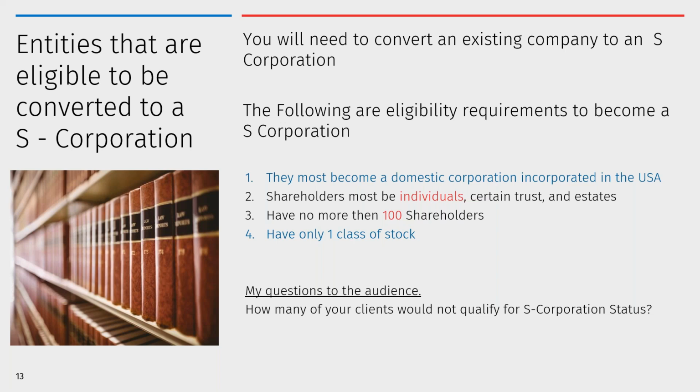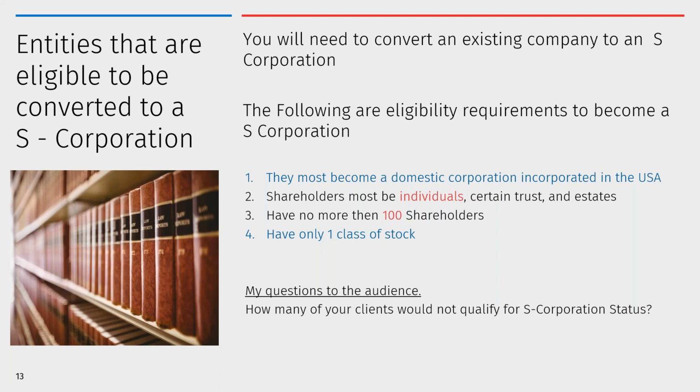Third item is they must have no more than 100 shareholders. I have never personally done a tax return for a company that had more than 100 shareholders, and I did work for one rather large CPA firm back in my time in Washington, D.C. I don't foresee this being a big hurdle, with over 100 shareholders taking money from this business. And lastly, they must have only one class of stock.